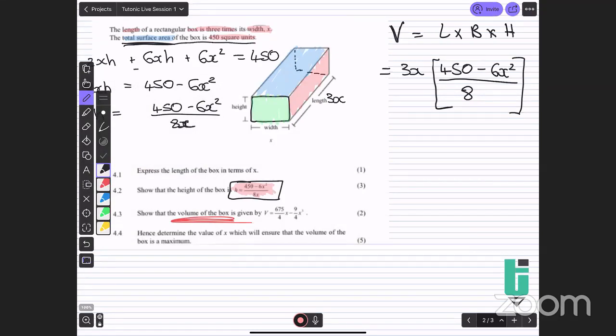Yeah, it is. x minus 9 over 4 x cubed. That's the volume.